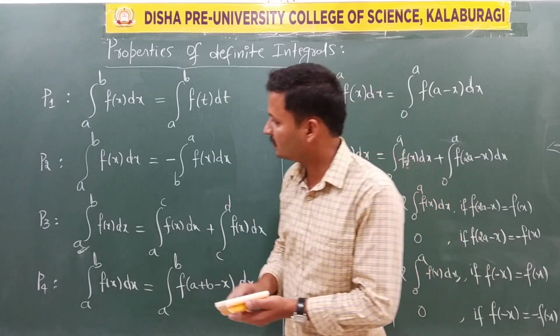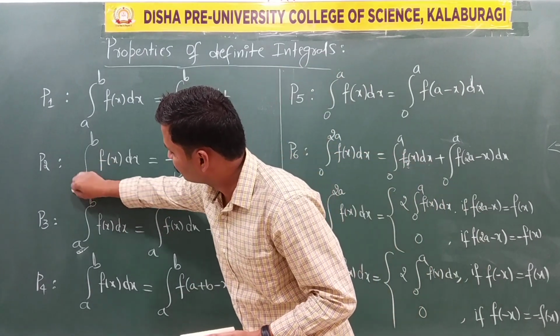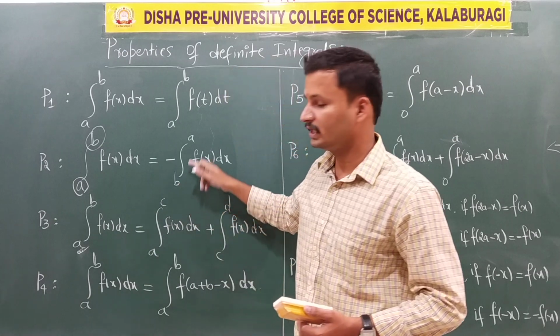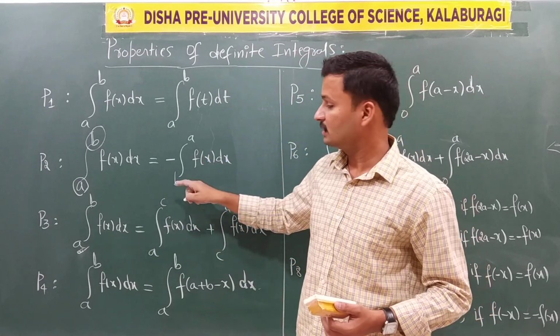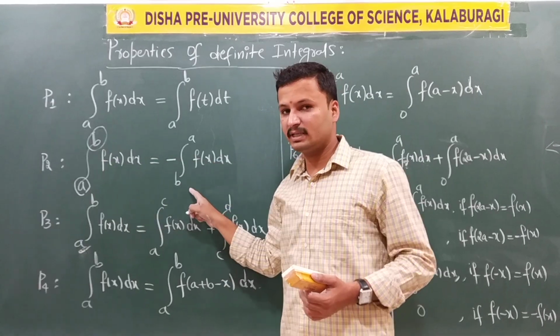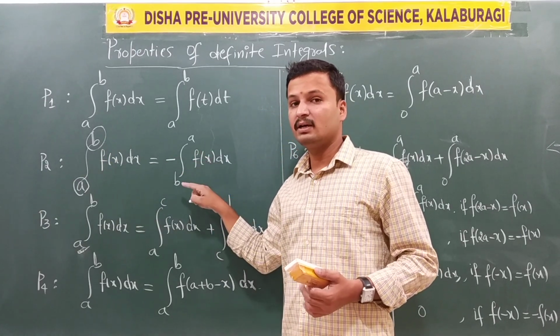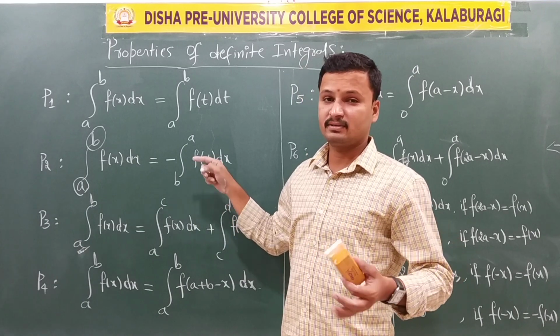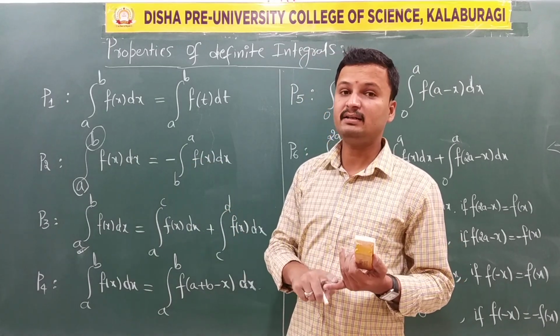Observe: here a to b, but here b to a. Here the lower limit is a and the upper limit is b; here the lower limit is b and the upper limit is a. That means the limits of integration are interchanged.